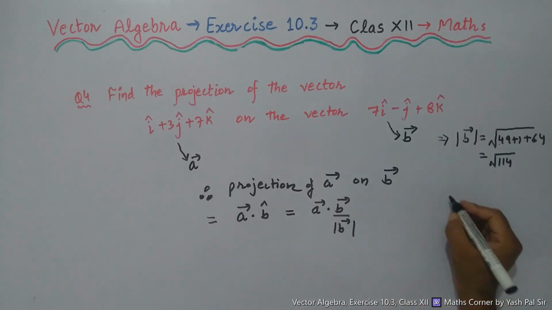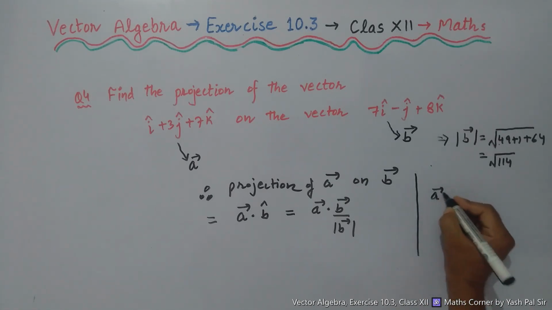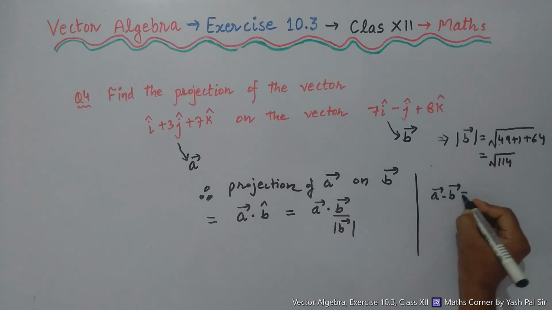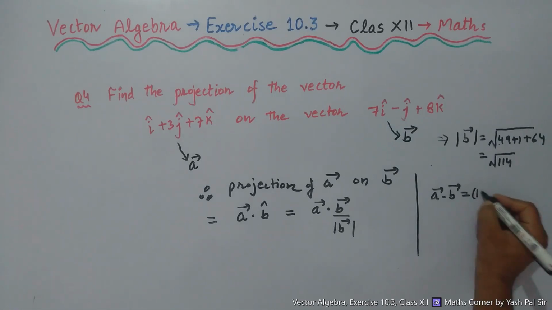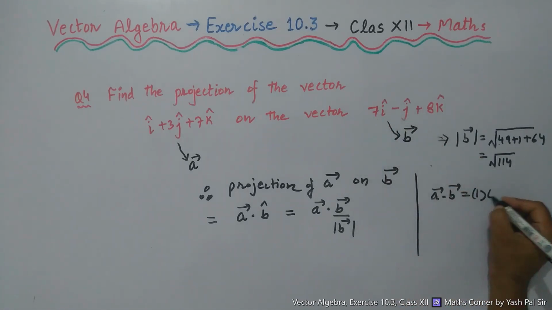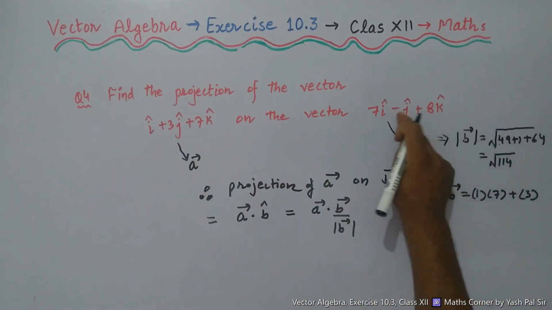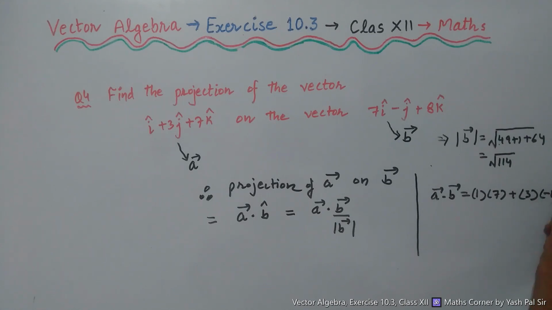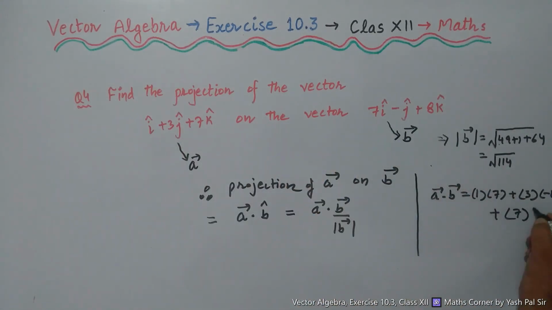So here also we have vector A dot vector B is equal to coefficient of i is 1, coefficient of i is 7, plus coefficient of j is 3, coefficient of j is minus 1, plus coefficient of k is 7 into coefficient of k is 8.